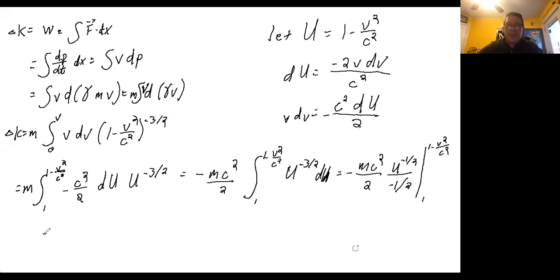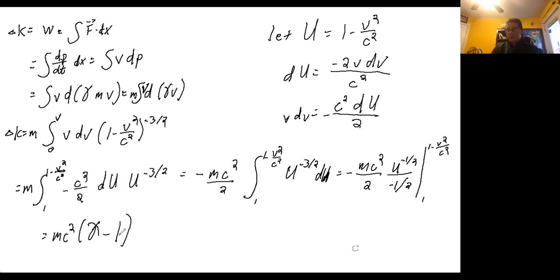So you get MC squared, and then you have 1 over the square root of this, which is just gamma, and then you're subtracting from that 1.